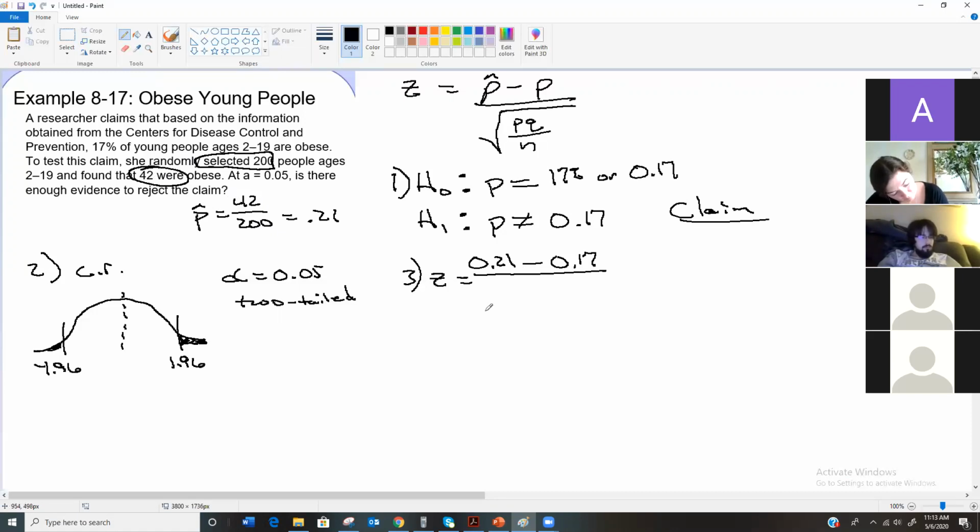All right, so now we're ready for the p and the q. I've gotten better about it, but my biggest mistake here is I accidentally put in the p hat and the q hat, and it's not the same. You're supposed to put in the p and the q. You put the p in there and then calculate the q from that. So don't put in 0.21 here. We're supposed to put in 0.17. So 0.17 is the p. The q then would be 0.83.